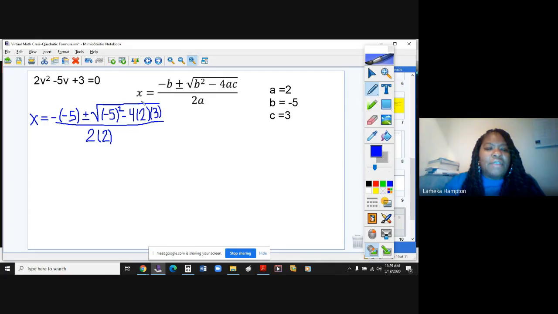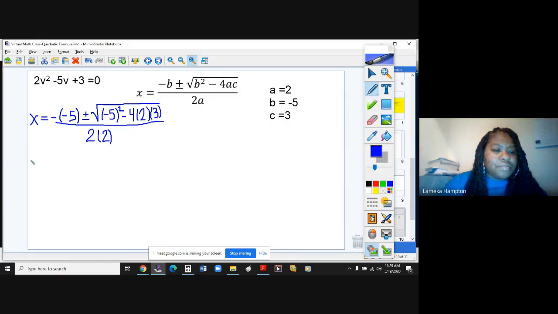So that's why I have -5, because B was negative, and I have a -5 here. And wherever I saw the letter C, I substituted the number 3. Okay, so now we have no more letters. We are simply dealing with numbers, and at this point, it is really just basic arithmetic.